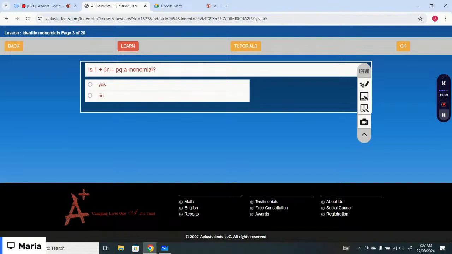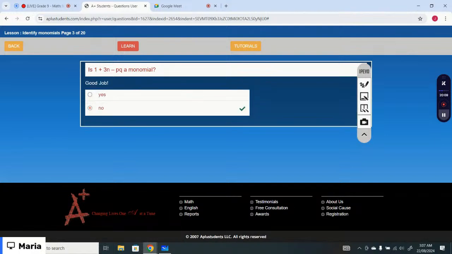Monomials do not include addition or subtraction signs. So the correct option is no. Option number 2 is the correct option.